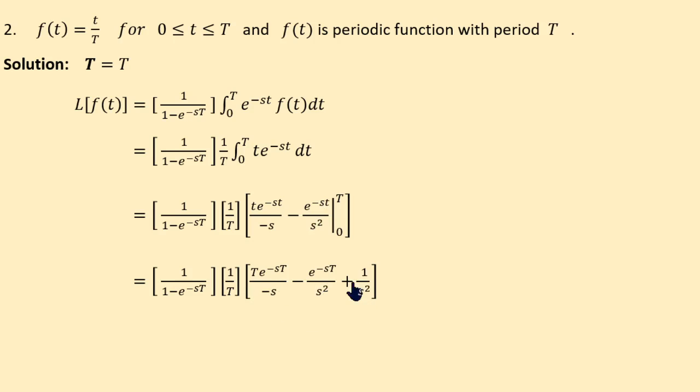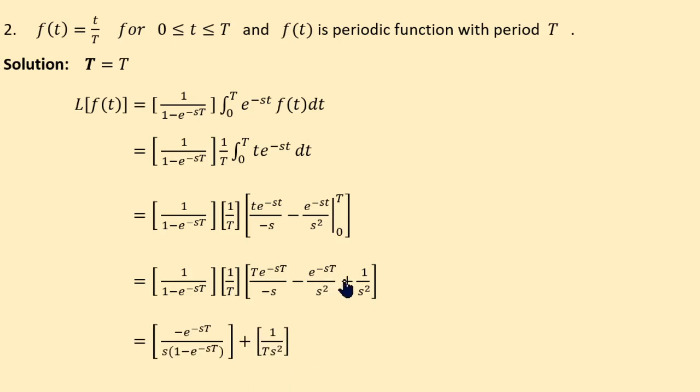Now by taking s square common outside, you can simplify this separately and this separately. Here if I take the minus sign outside, 1 minus e power minus sT by s square, multiplied by this 1 minus e power minus sT cancels, and 1 by s square remains into T.